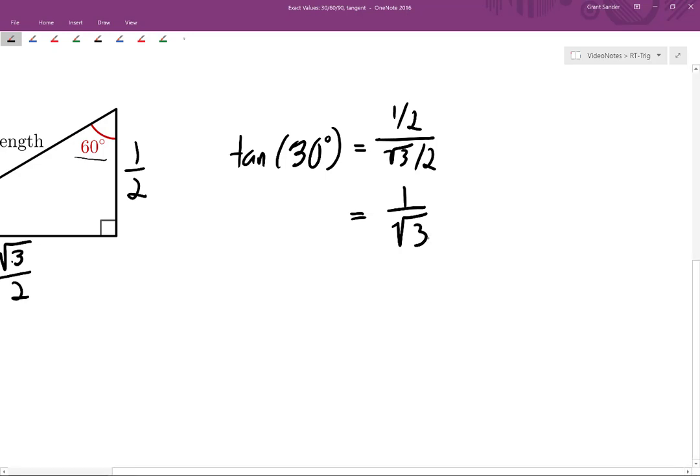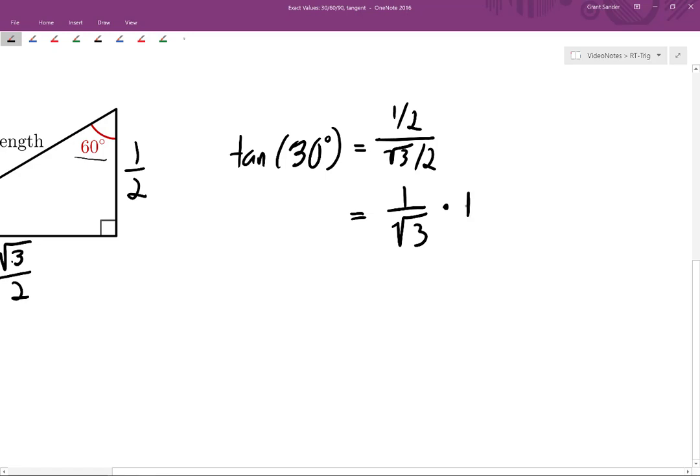However, it's common in math to rationalize the denominator. So we often want rational or whole numbers in our denominator, so it's kind of considered ugly to have a square root in the denominator. So we can actually patch this up a little bit. 1 divided by square root of 3 is equal to 1 divided by square root of 3 times 1.